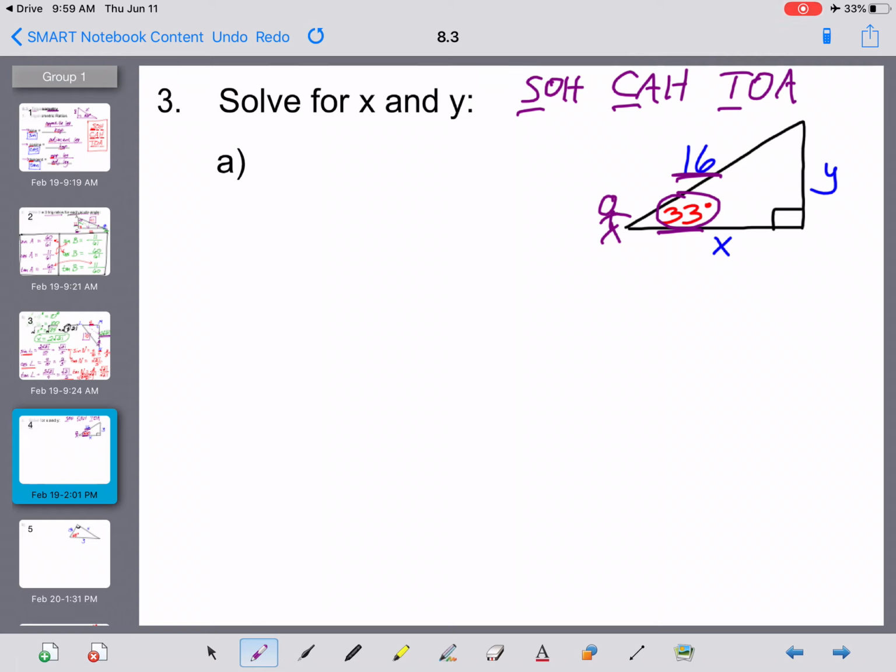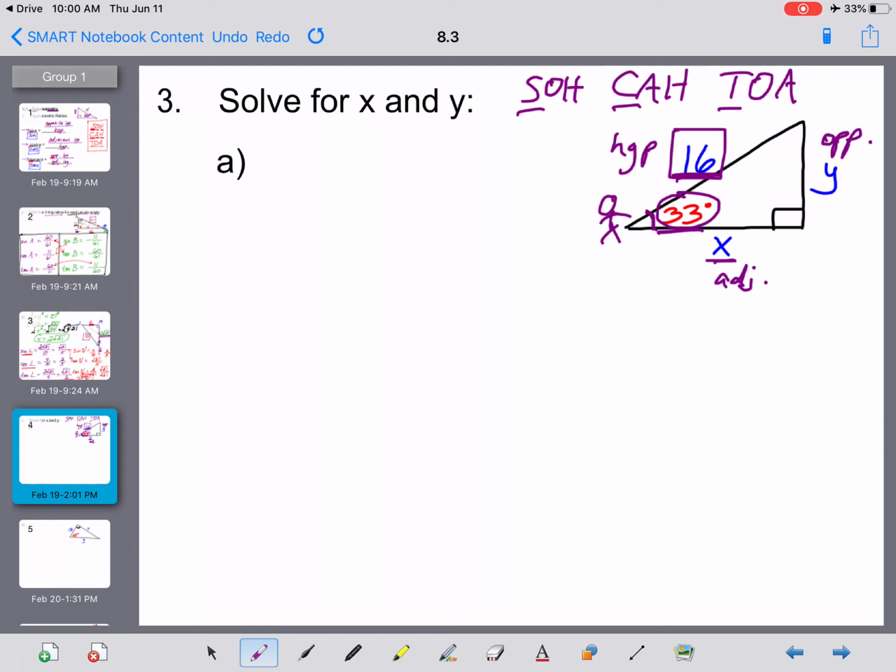We want to find x first. So you want to ask yourself, relative to my position right here, which side is x? The opposite leg, the adjacent leg, or the hypotenuse? Well, 16 is clearly the hypotenuse, and if you want to label that, go right ahead. From where you're standing, x is the leg that's next to you, so that is the adjacent leg. y is all the way across the triangle from you, so that is your opposite leg.